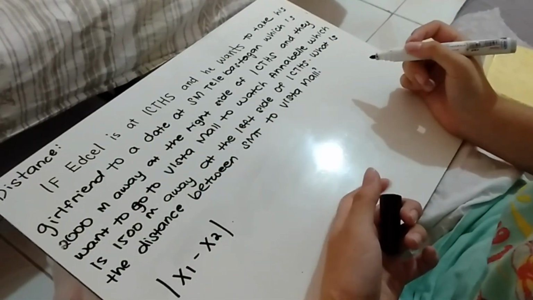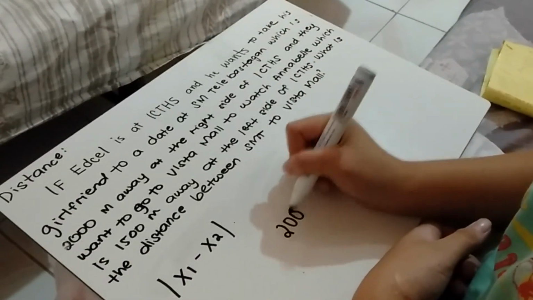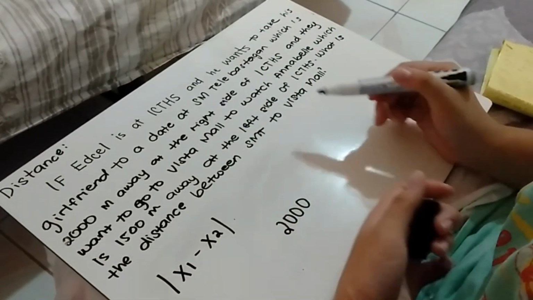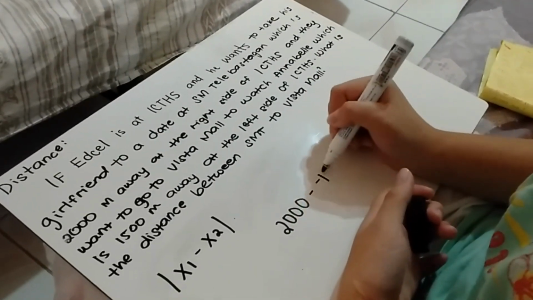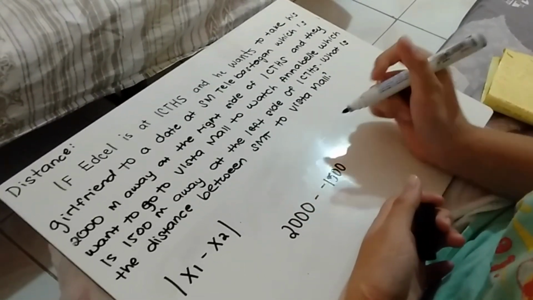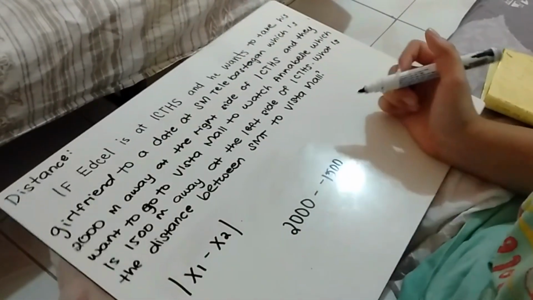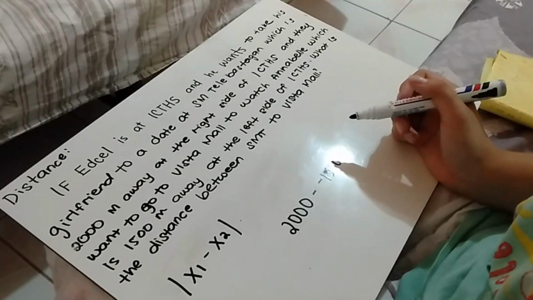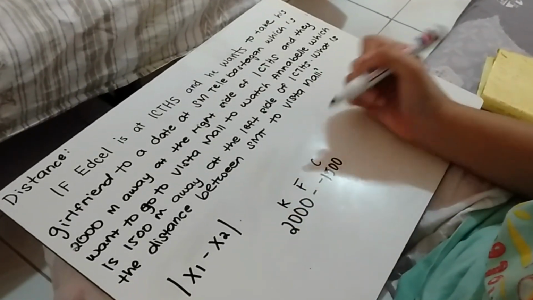To solve this, the given for x sub 1 is 2,000 meters away. It's positive because it's the right side, minus negative 1,500 because it's at the left side, so it's negative. So to solve this, we have to know the KFC rule, which is keep, flip, and change.